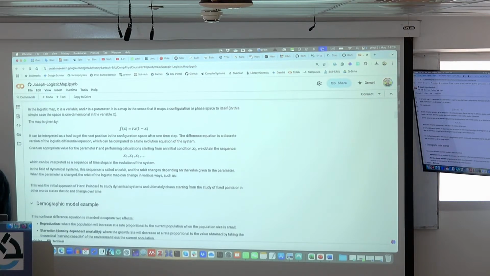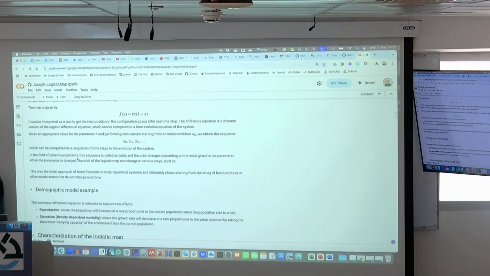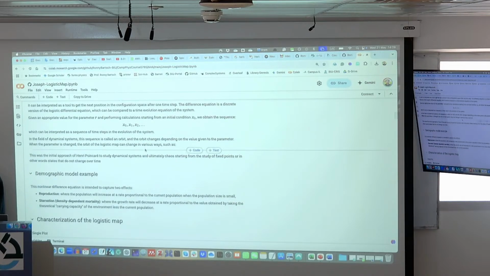Then we interpret it as a rule to get the next position of the configuration space after one time step, which can be iterated as a sequence of time steps in the evolution of the system. We will see it graphically in the picture.